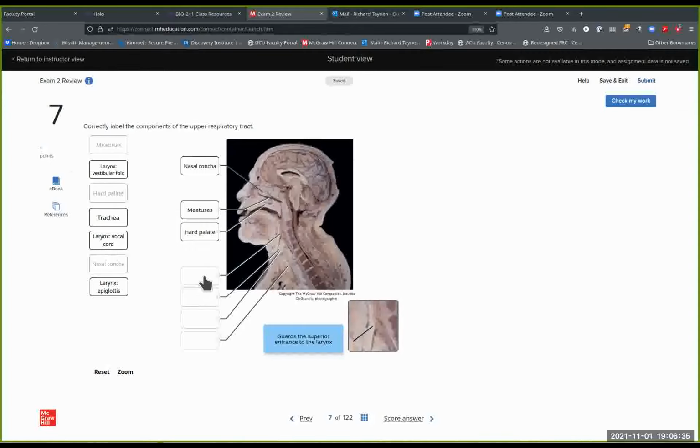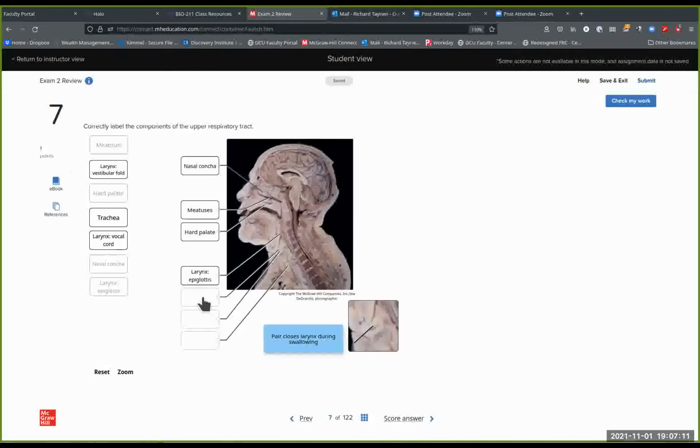What do we have there? What protects your trachea? Would it be the epiglottis? Yep. Oh, there we go. And what are we talking about here?